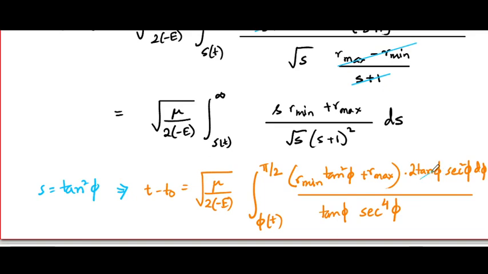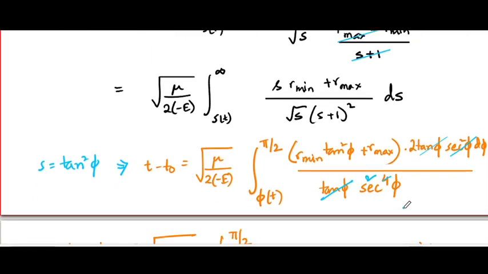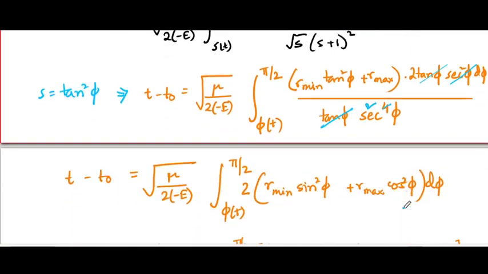So once again, lots of cancellations. And once again, not enough. You're still left with the sec square phi in the denominator, which is not bad at all, because you can always multiply both the numerator and the denominator by cos square phi, and then this becomes a rather simple integral.